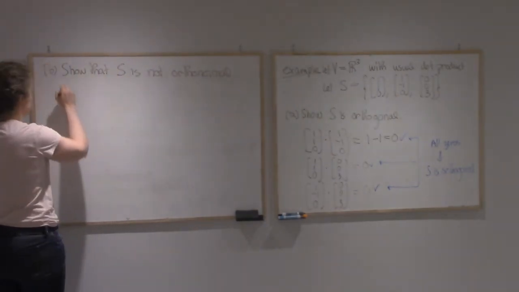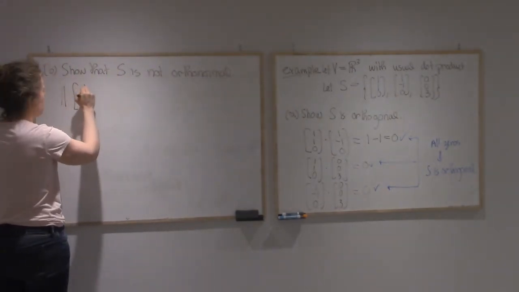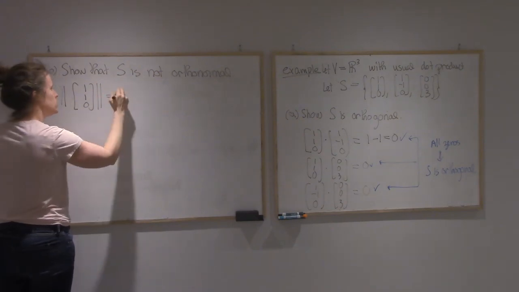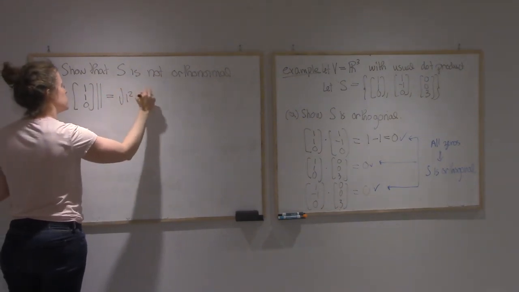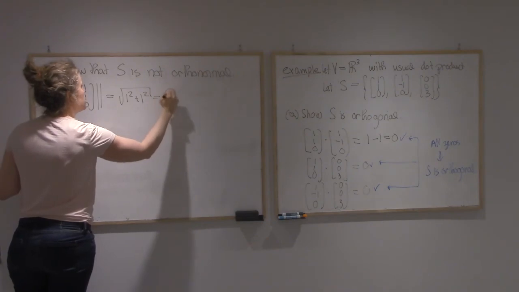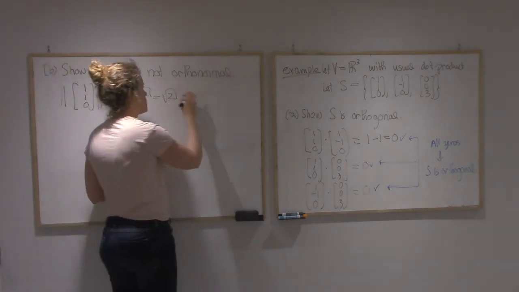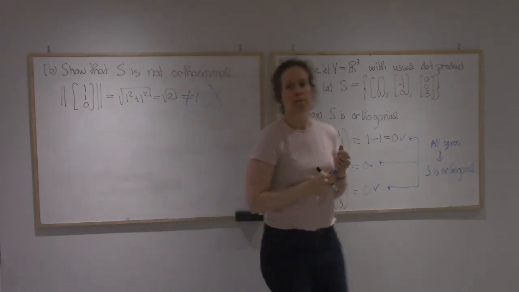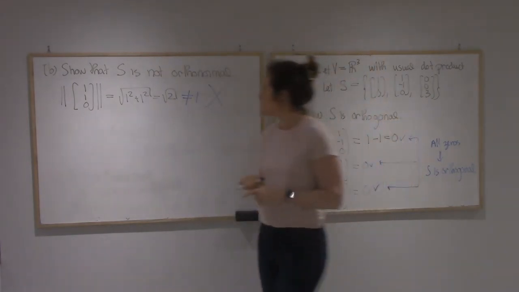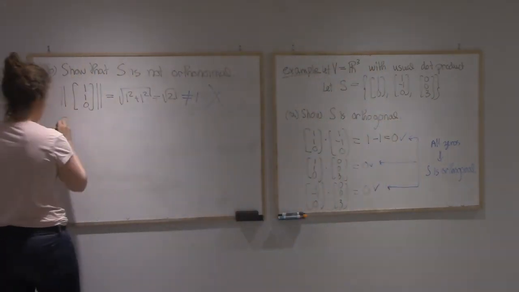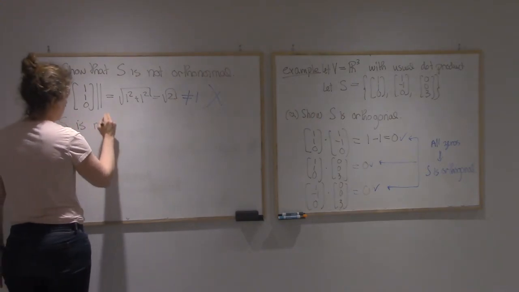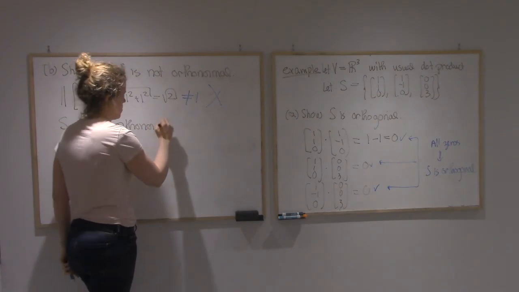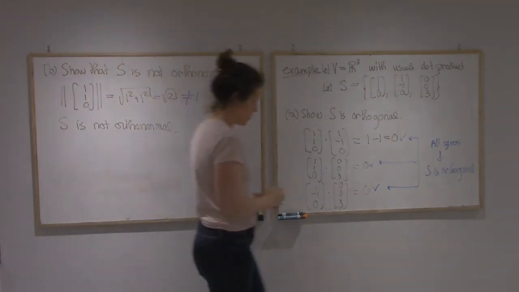The length of (1, 1, 0) is the square root of 1 squared plus 1 squared. That's the square root of 2, which isn't 1. So S isn't orthonormal.